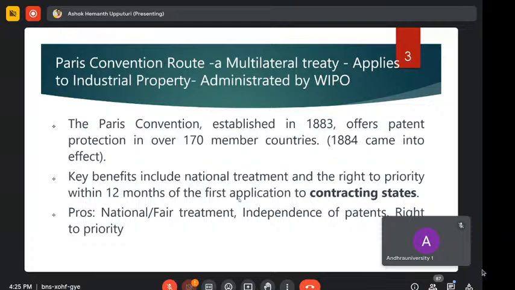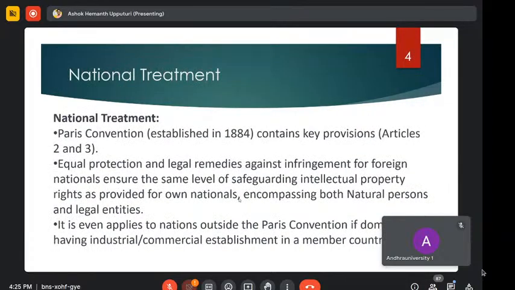So when it comes to the Paris Convention, the first one is national treatment. So what is national treatment? It is enshrined in Articles 2 and 3 of the Paris Convention. National treatment means equal protection and legal remedies against infringement for foreign nationals as well, which ensures the same level of safeguarding intellectual property rights as provided for own nations.